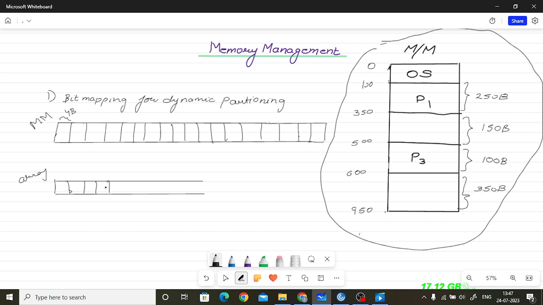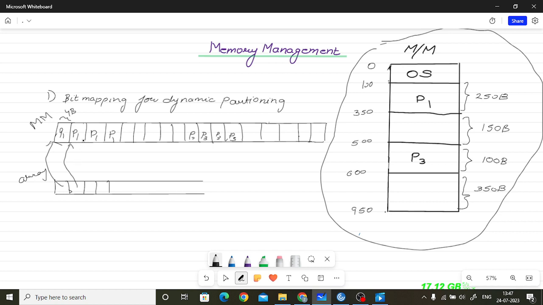Suppose P1 is up till here, and this part of memory is free because P2 is moved out, and this part is allocated to P3, P3, P3 and P3.